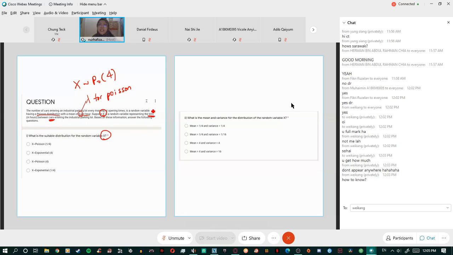So time is continuous, while Poisson is discrete. Since X is continuous, because time could be in decimal form, for example 1.5 hours or 2.5 hours, therefore your X is exponential.